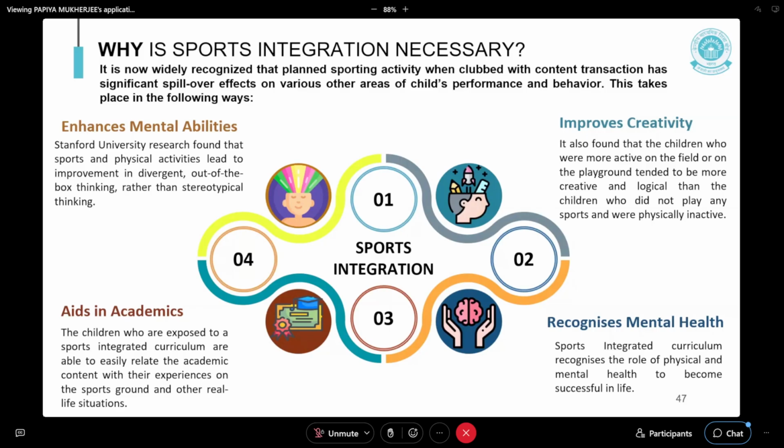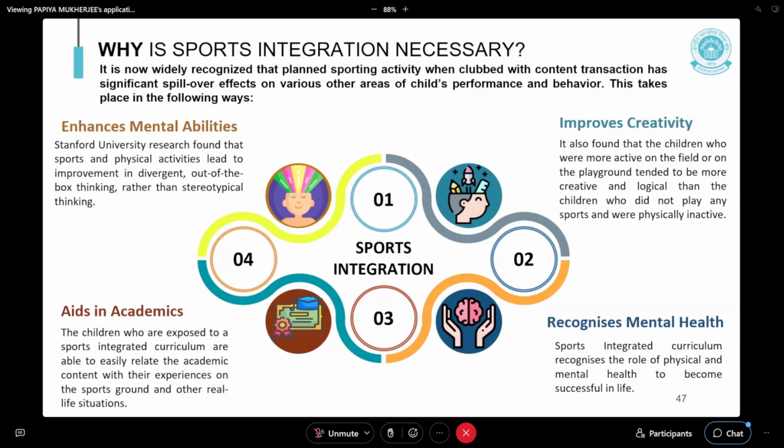Why at all we feel that sports integration is necessary for experiential learning? Why this pedagogy has to be? Because sporting activity when clubbed with content, has several spillover effects on the child's performance and the behavior. It enhances the mental abilities.